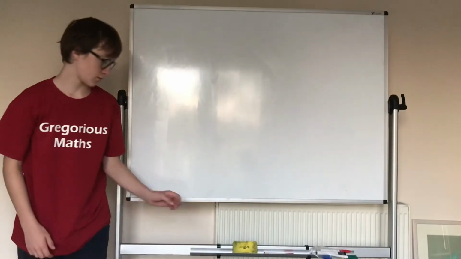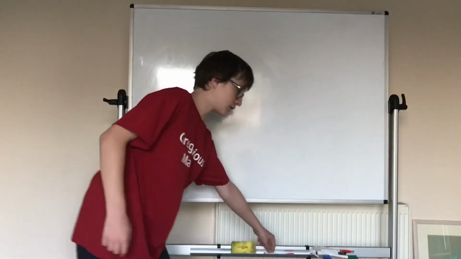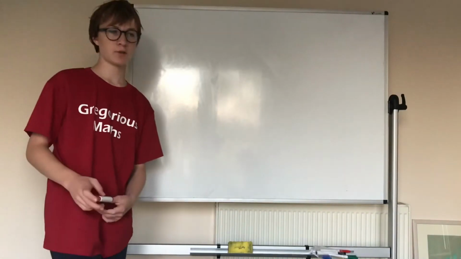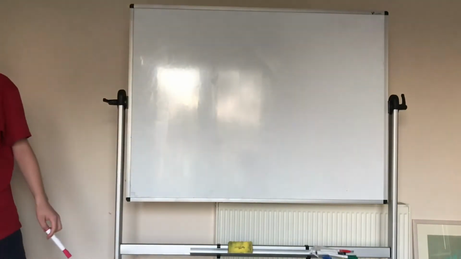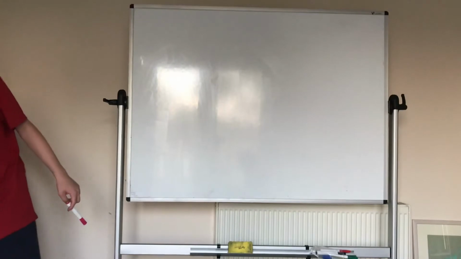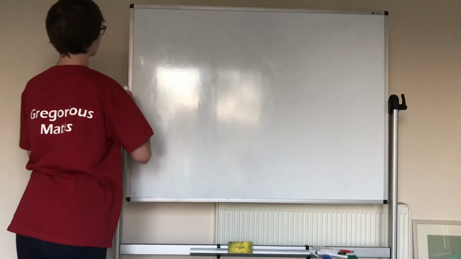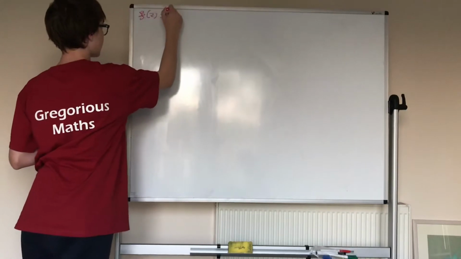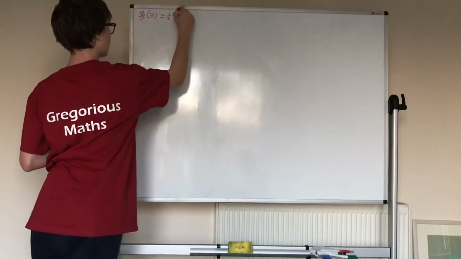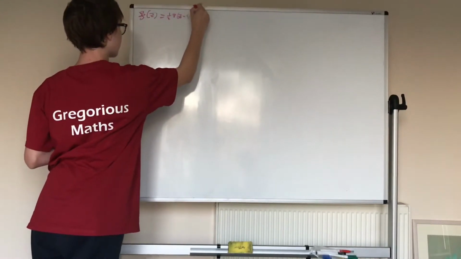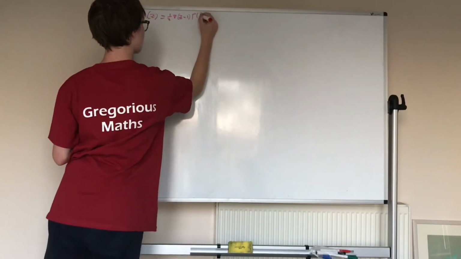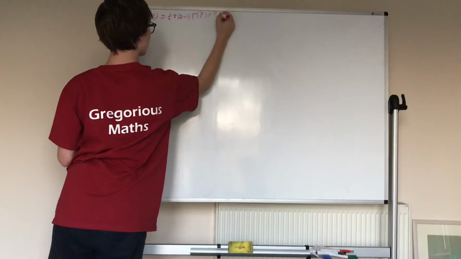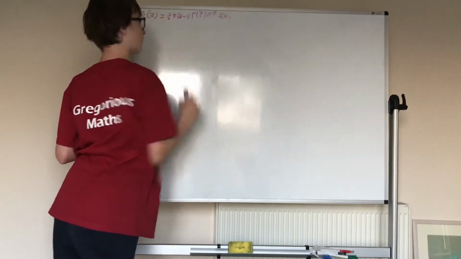Hello everybody, welcome back to our Gregorius math video. In this video, I'm going to be proving the functional equation for the Riemann xi function. Just recall from last video that xi of z is 1/2 z times z minus 1 gamma of z over 2 pi to the negative z over 2 zeta of z.